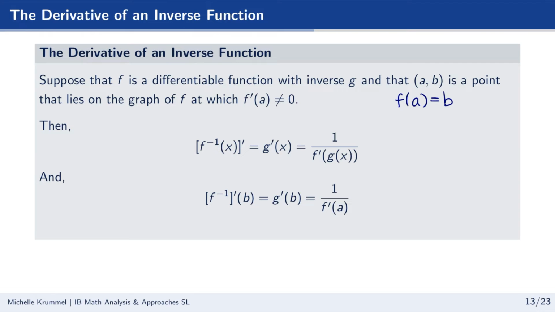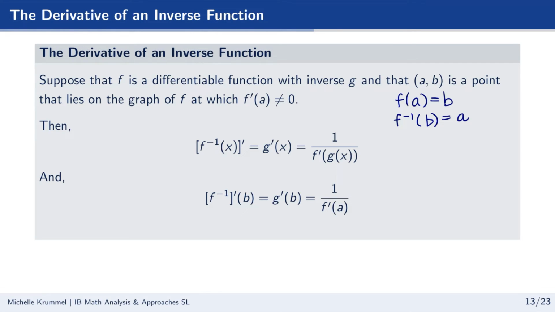F of a equals b. And if f of a equals b, then f inverse of b equals a, because when we switch to the inverse function, we switch the input and the output. So the b takes the place of the a and vice versa. So if f of a equals b, it must be true that f inverse of b equals a. So we're going to use that later on.